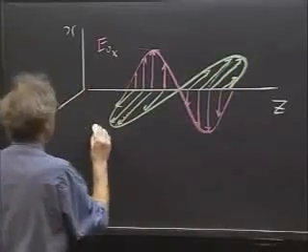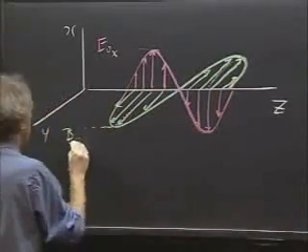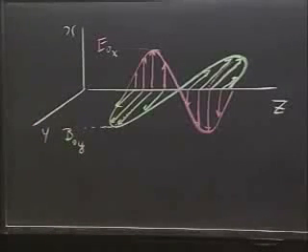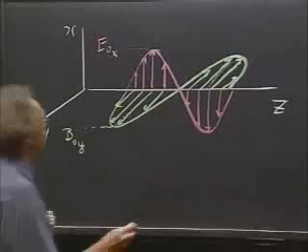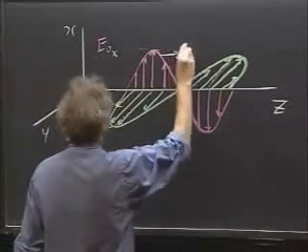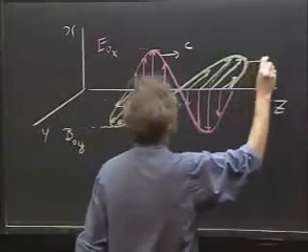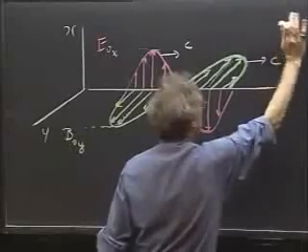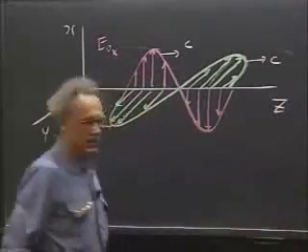And this value then is B0y. That value. And this whole pattern moves with velocity c in this direction, and the two are married together. They are stuck together.